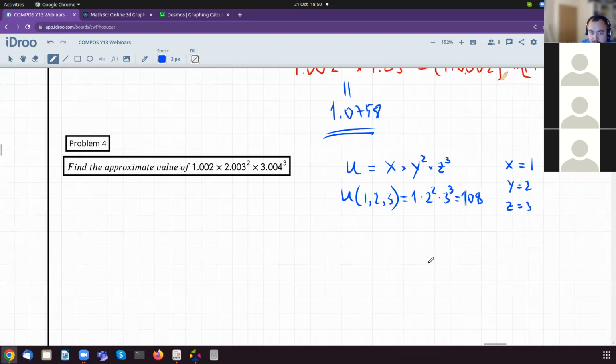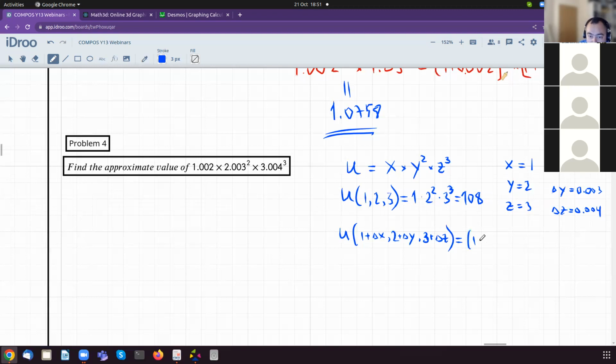Now u of 1 plus delta x, 2 plus delta y, 3 plus delta z, where delta x, of course, is 0.002, delta y is 0.003, and delta z is 0.004, can be written as this.